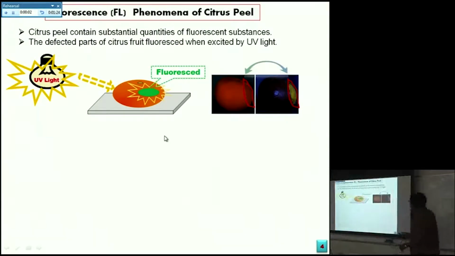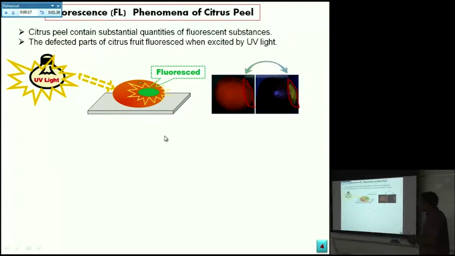And hence, we will follow a fluorescence based system. Here I will talk a little bit about the fluorescence phenomenon. According to published reports, most citrus peel contains substantial quantities of fluorescent substances, especially flavonoids, and the citrus peel or defective parts of the peel fluoresce in the visible region of the spectrum when excited by UV light.